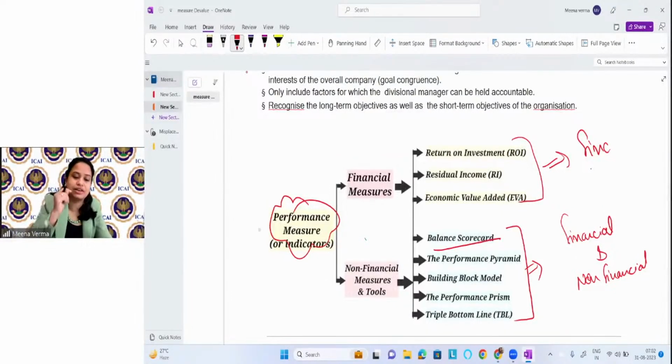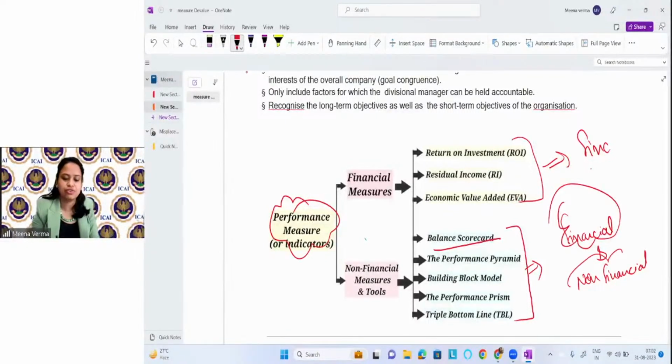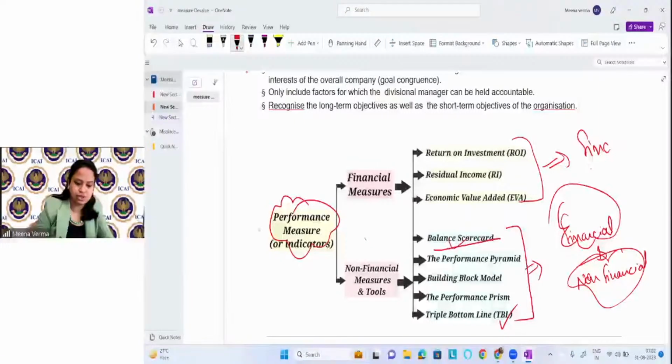Finance is one of the factors here. Money we will consider, but along with that, we are considering the non-financial factors. Then we learned about the triple bottom line, the 3 P's: people, meaning society; planet, meaning environment; and profitability of the company, again the financial factor. So we have learned these two things, right?